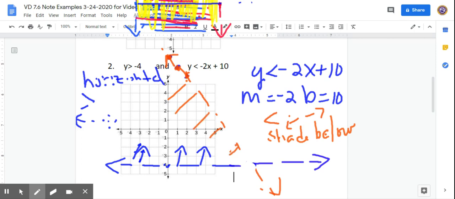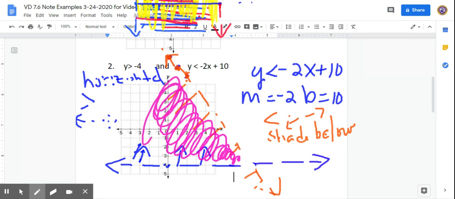So notice where they're going to intersect. They're going to intersect all in here. That one's going down and this one's going up. So this is where all of these points, that's what this means.